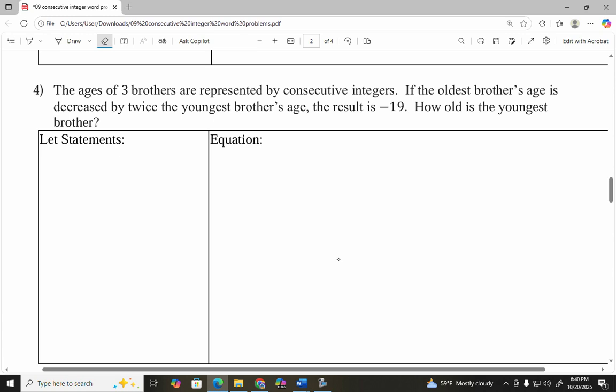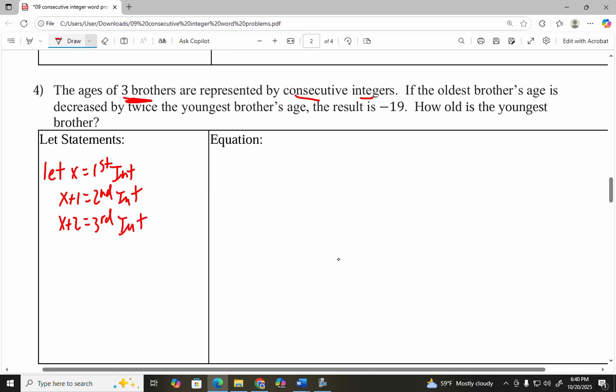So the ages of 3 brothers are represented by consecutive integers. All right, so I'm just going to write my let statements right away. Let x equal the first integer. x plus 1 is the second integer. And x plus 2 is the third integer. Now they did say that these are 3 brothers, right?